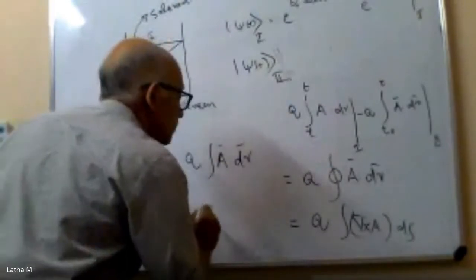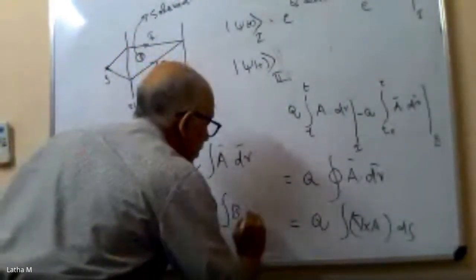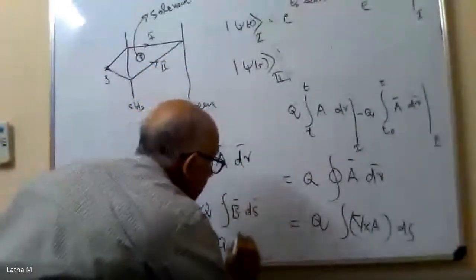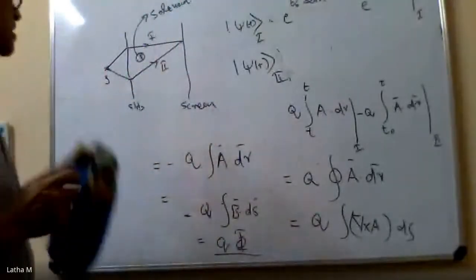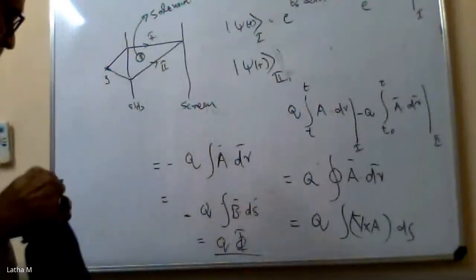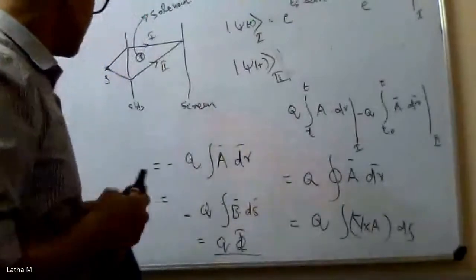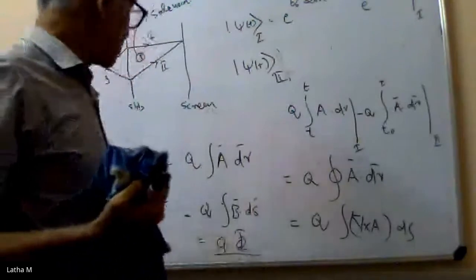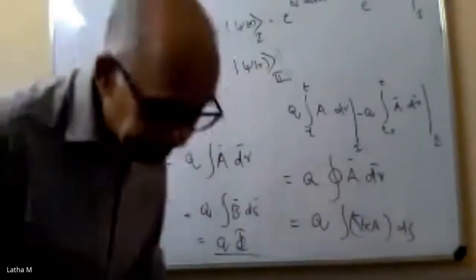This is equal to Q B dot ds, which is Q into phi, the flux through this solenoid. Then that shows that the interference pattern is affected by the flux through the solenoid. And that is the explanation of Bohm-Aharonov effect.